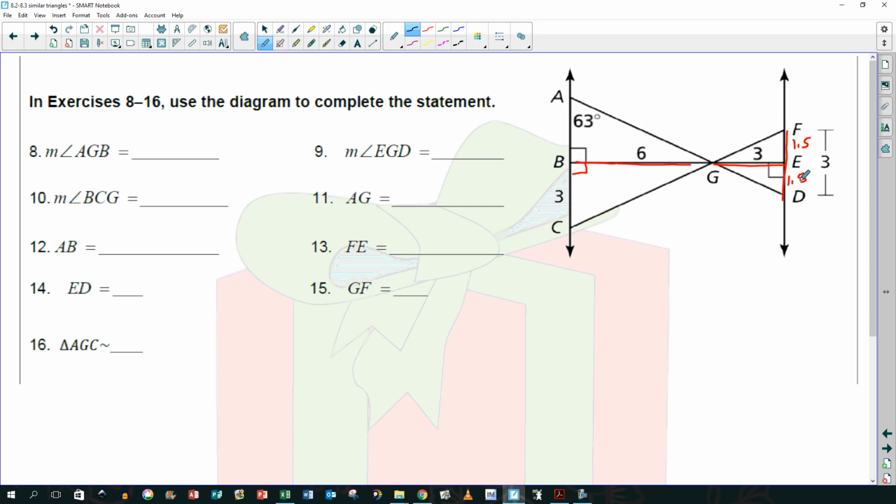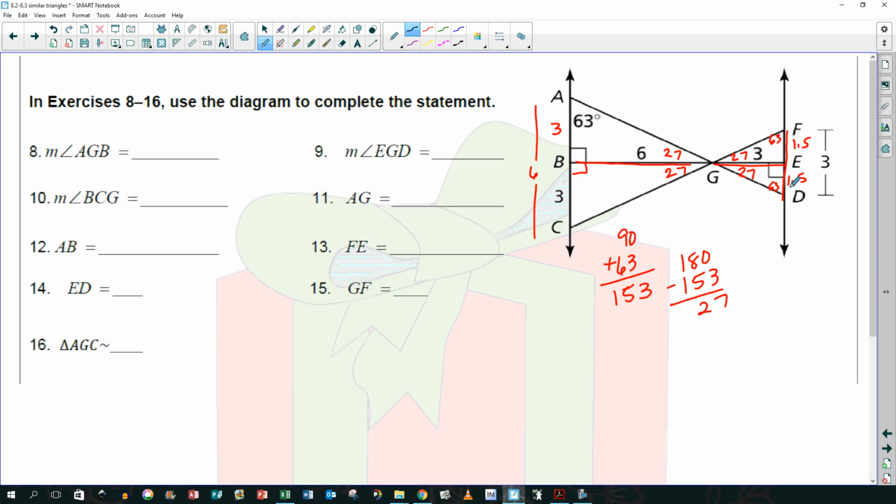This is 1.5. So if this is 3, and this whole thing is 6. So let's see. If this is 90 and this is 63, so I've got 90 plus 63, which is 153. 180 minus 153 is 27. So that means this angle is 27, this angle is 27, this angle is 27, 27, 63, 63.